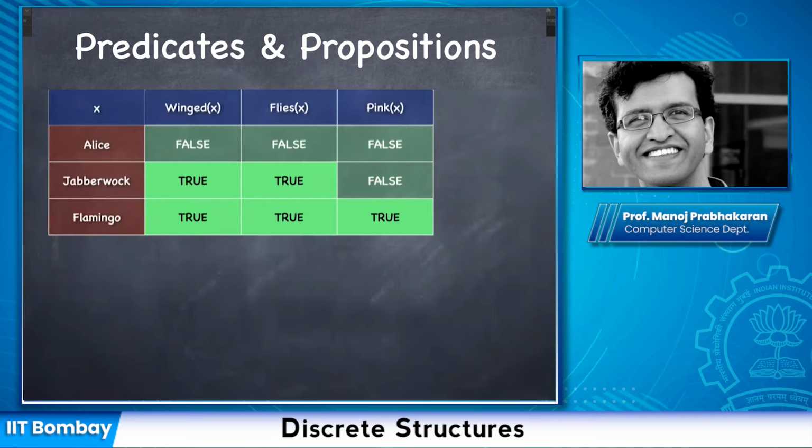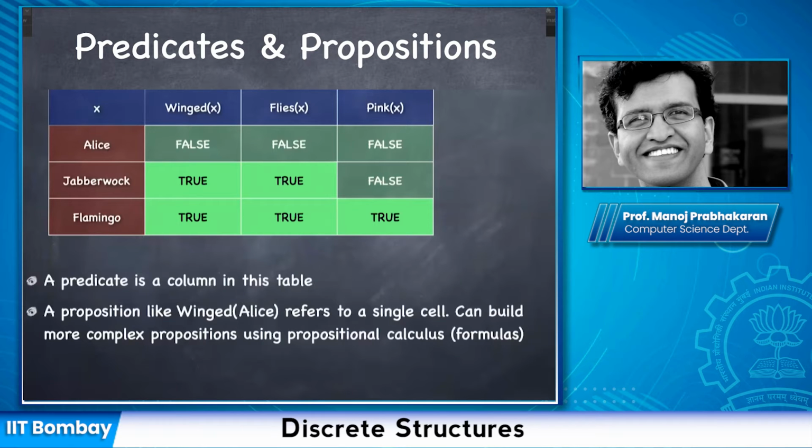That's what the table shows you. The predicate forms a column in this table, and you can apply this predicate to any element in the domain, and you get a simple proposition, for instance, winged Alice. And then you can build more complex propositions using operators and formulas.